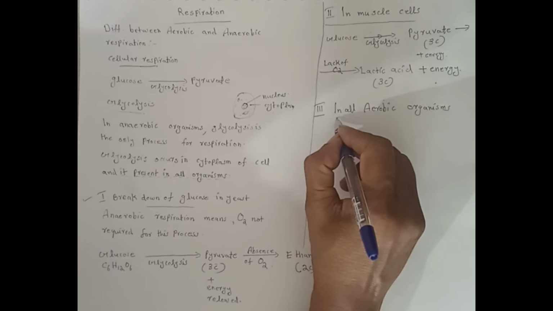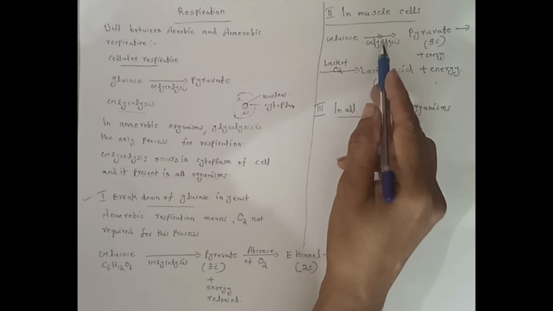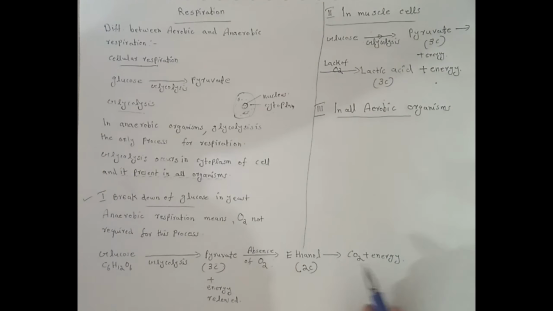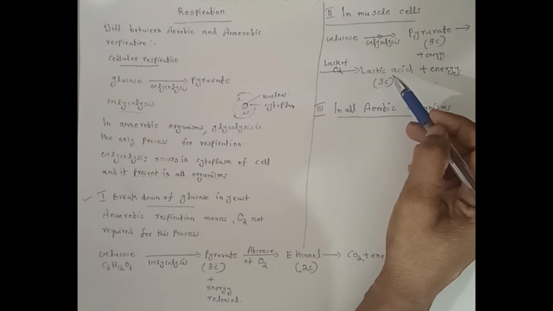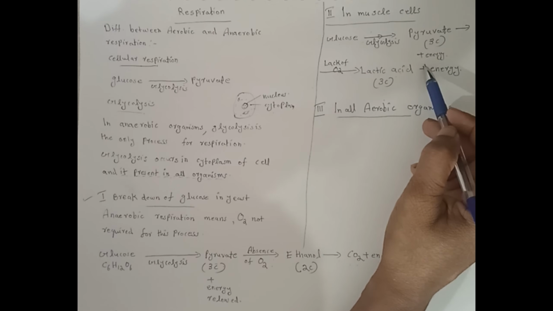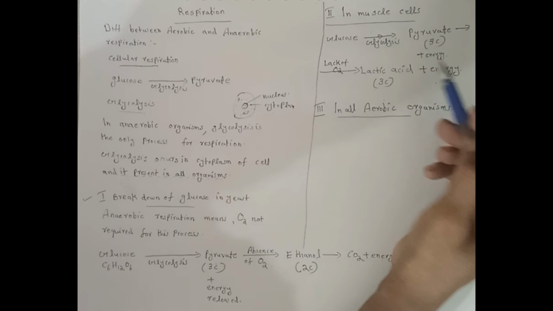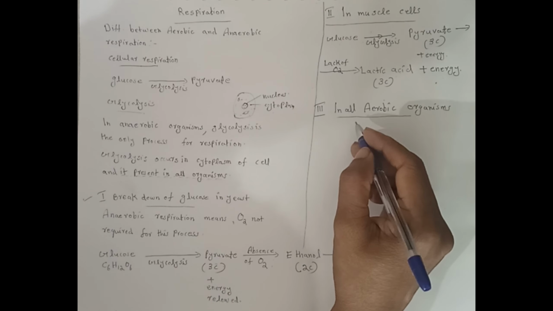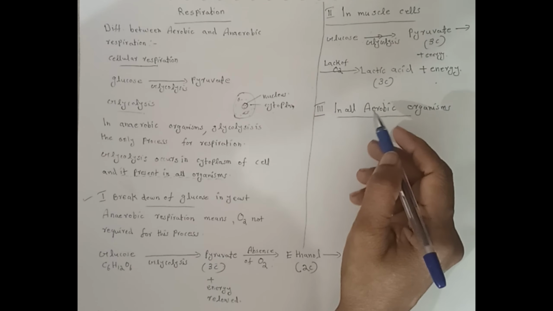We discussed 2 types of anaerobic respiration. Here ethanol, carbon dioxide and energy are the end products. Here ethanol is formed. Here we can see lactic acid is formed. The third type is aerobic respiration in all aerobic organisms.